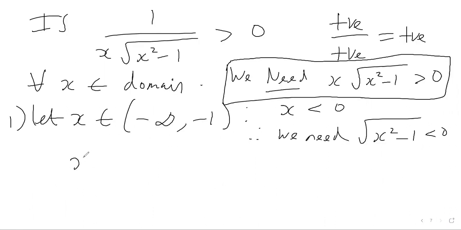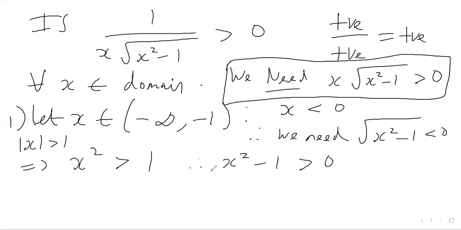So when you do x squared for x values in this domain, you're going to get a number bigger than 1 because the magnitude of x is bigger than 1. When you square a number with a magnitude bigger than 1, you get a number bigger than 1. So therefore, x squared minus 1 must be bigger than 0, and if we square root that, the square root of x squared minus 1 must also be bigger than 0. But we need it to be less than 0. So this doesn't quite work.